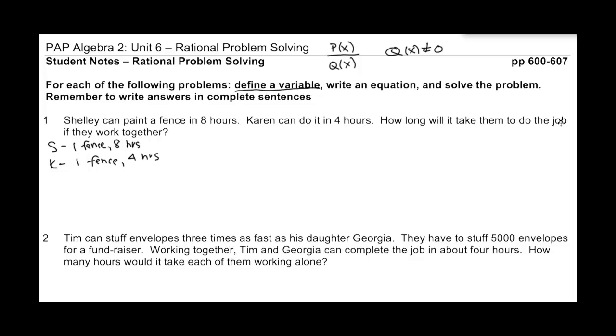How long will it take them to do the job if they work together? So together, and they're still doing the same job, so they're still doing one fence. But do we know how long it will take them? No, that's what we don't know. And so that's where we're going to define our variable. Let's define T to mean the hours to paint the fence together.